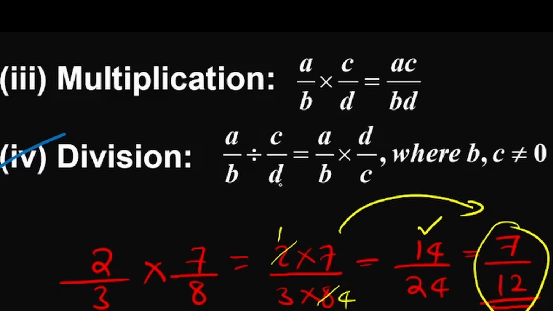What is the reciprocal of c/d? d/c. I will interchange the numerator with the denominator, and the denominator with the numerator. a/b divided by c/d is a/b, this division by c/d will change into d/c. Then we will do the same multiplication that we learned.